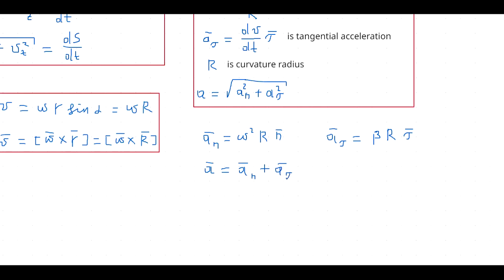and the absolute value of this is the square root, and this is equal to r multiplied by the square root of omega to the power of 4 plus beta to the power of 2.